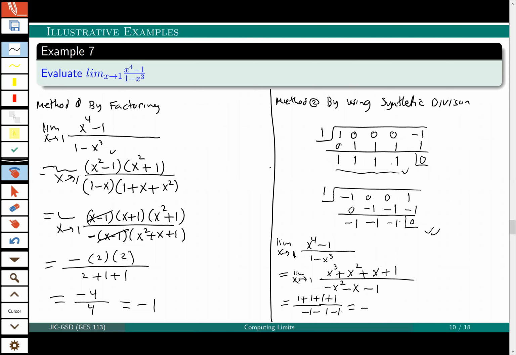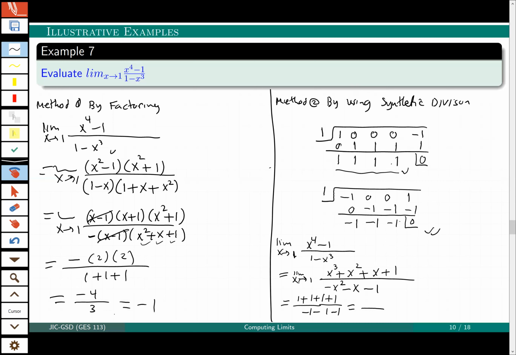So at the end of the day, this will be minus 4 over 3, sorry. It's 1 plus 1 plus 1, not 2. That's plus 1 here.